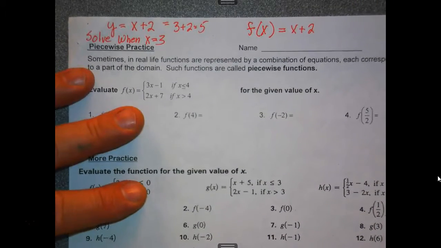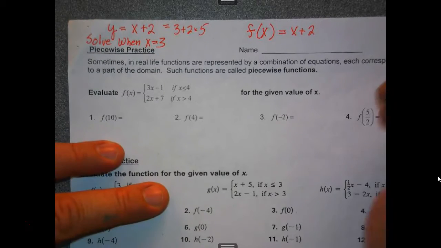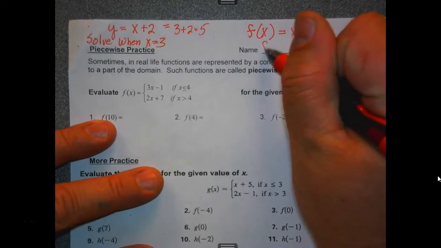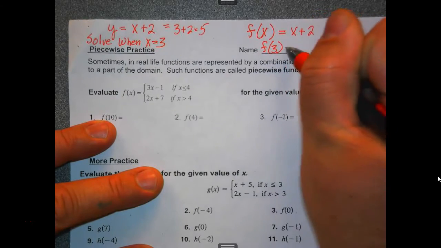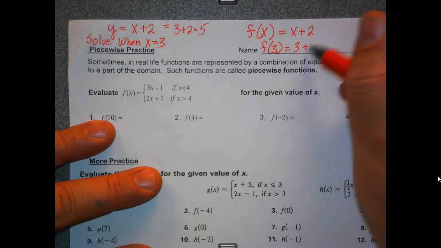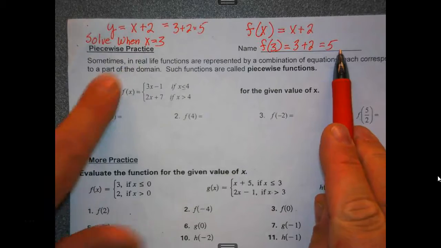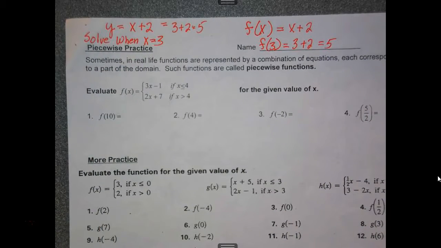Then instead of writing solve when x equals 3, we would say, what's the f of 3? Then you would substitute in 3 for x and solve, and you get the same answer without writing any English whatsoever, correct?